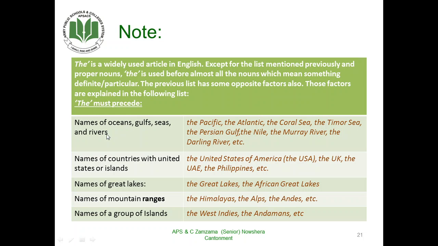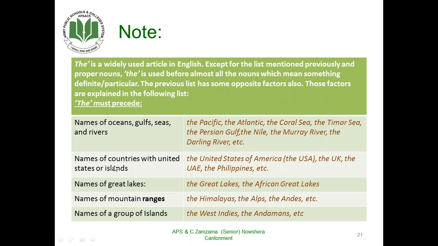"The" must precede names of oceans, gulfs, seas, and rivers. As we studied earlier, it must not precede the names of the continents, but it should precede the names of the oceans, gulfs, seas, etc. For example, the Pacific, the Atlantic, the Coral Sea, the Timor Sea, the Persian Gulf, the Nile, etc.